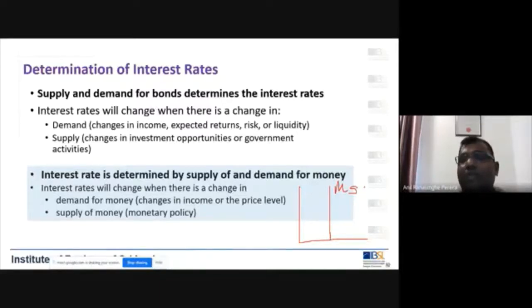So money supply is constant in the economy based on the Keynesian analysis, because money supply is injected by the central bank. So it's not responsive to the interest rate.